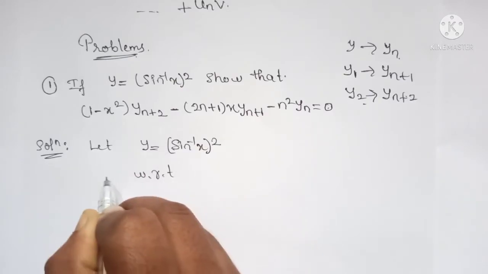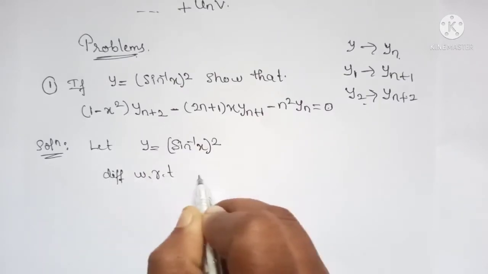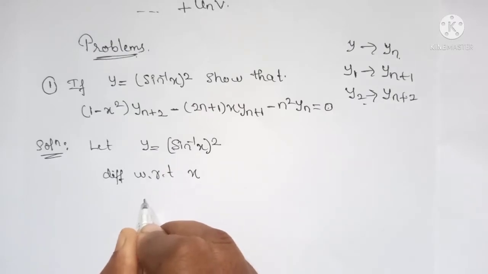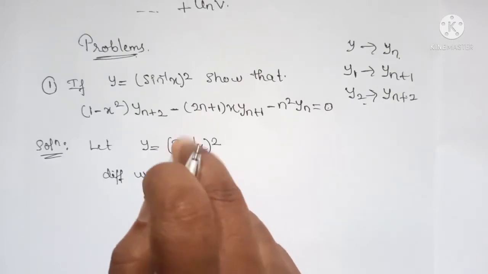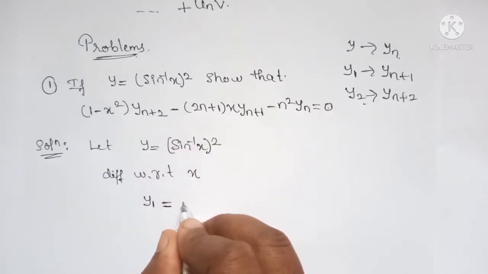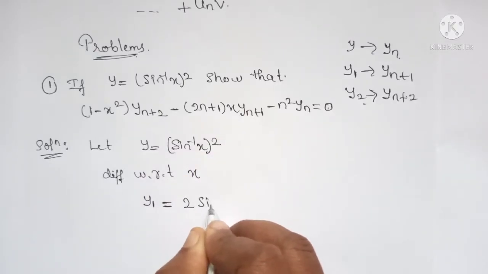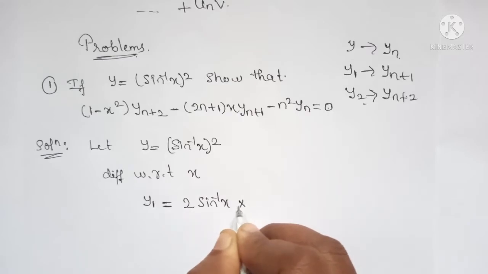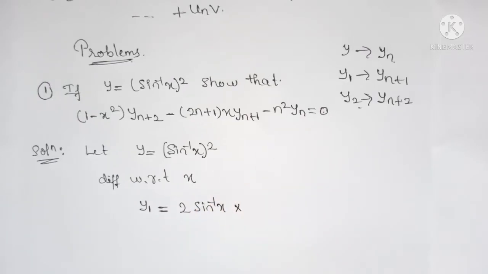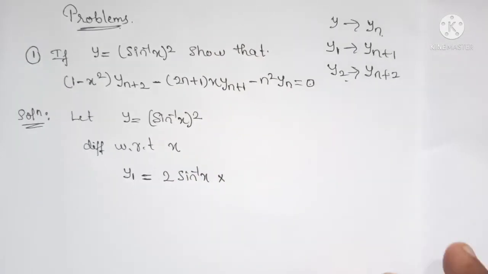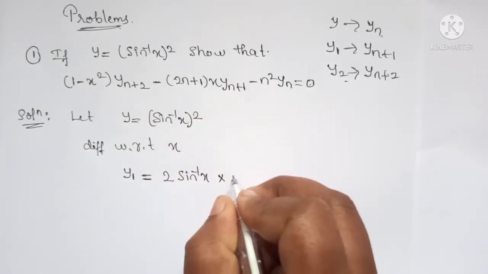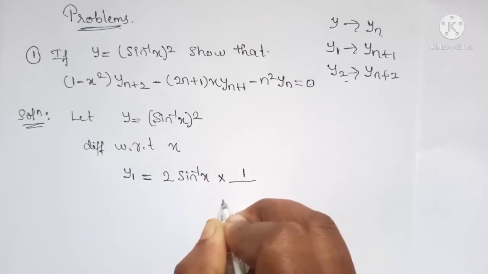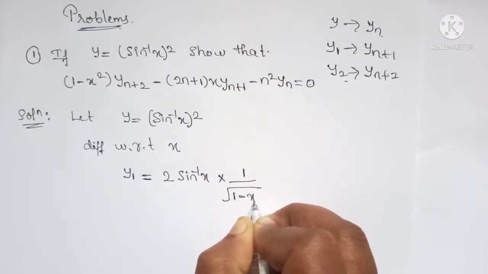Differentiating with respect to x, we get the first derivative, which we take as y1. So the derivative of sine inverse of x whole square is 2 sine inverse of x into the differentiation of sine inverse x, which is 1 divided by root of 1 minus x square.